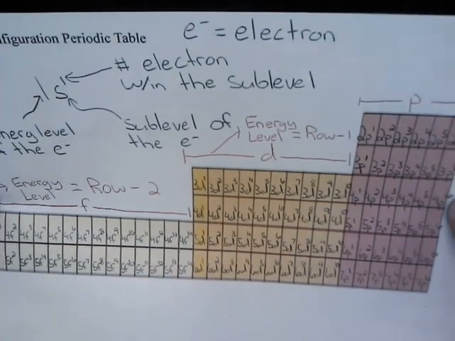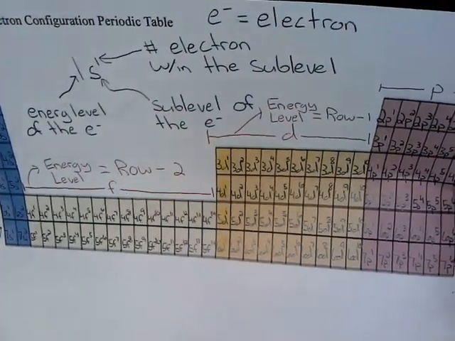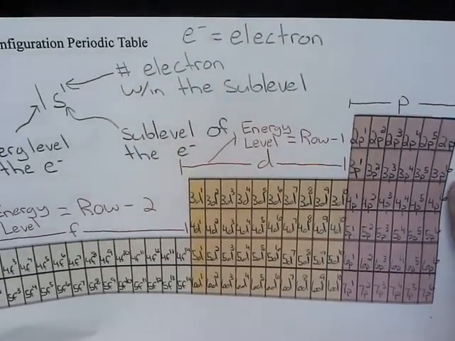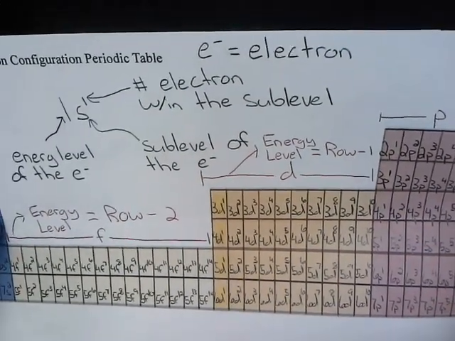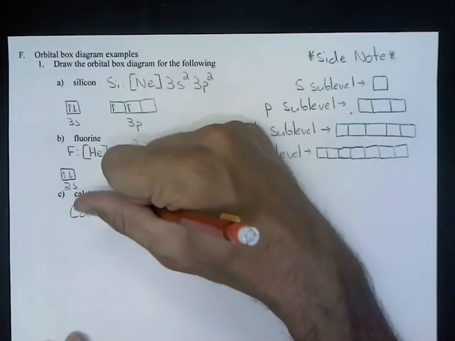So argon here would be at 3p6. We go down, we ask ourselves, is calcium one of these two elements in 4s? It is. So to write that, we just write down 4s2.